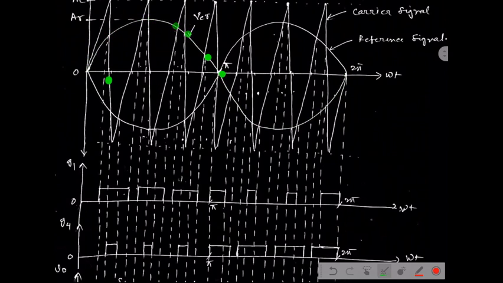That is why we have taken the pulse from this one to this one, as this is the first coincide point and this is the second coincide point. Similarly, again this point and this point, that is why it will provide these peaks.